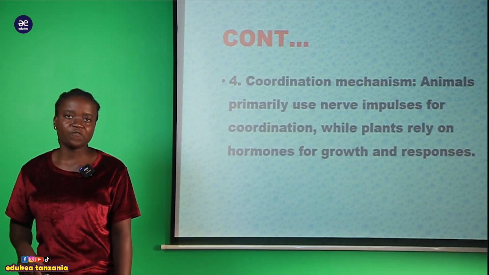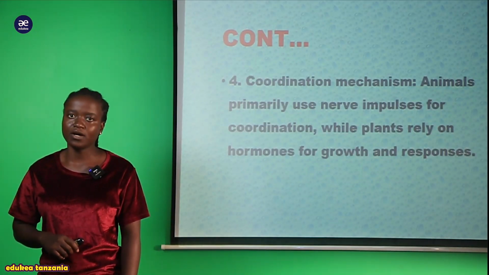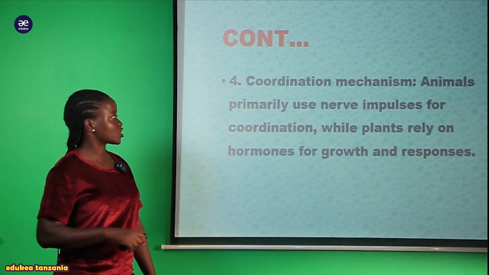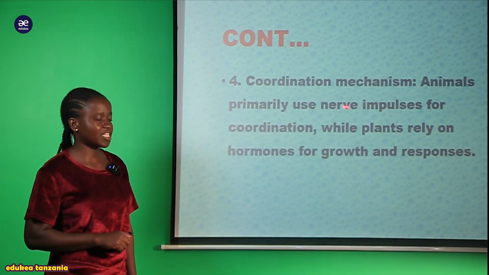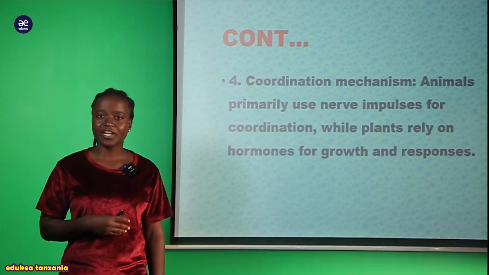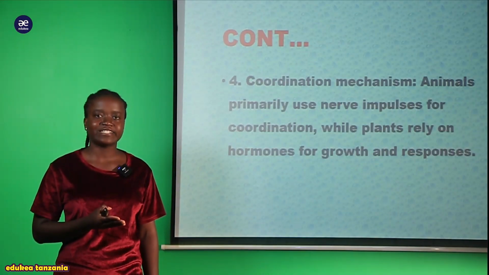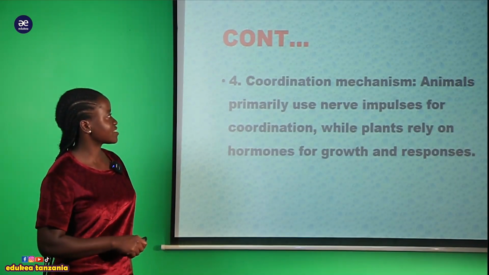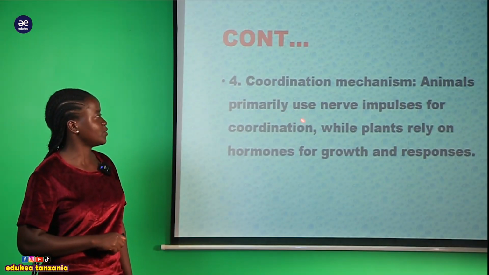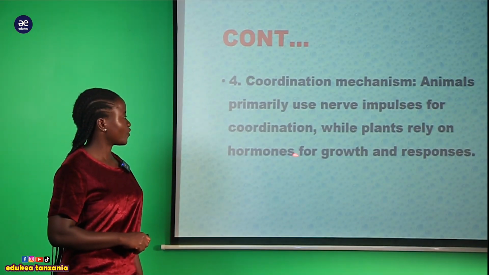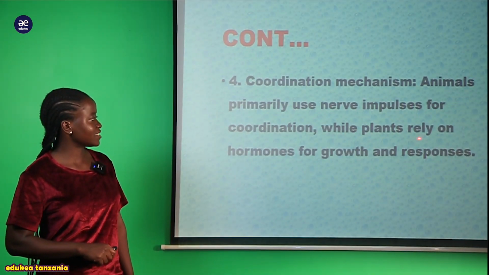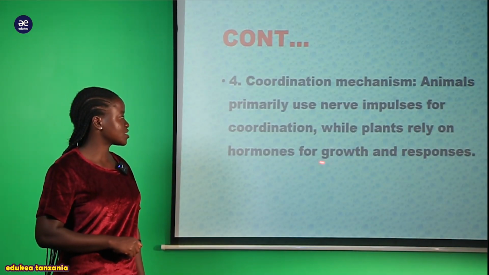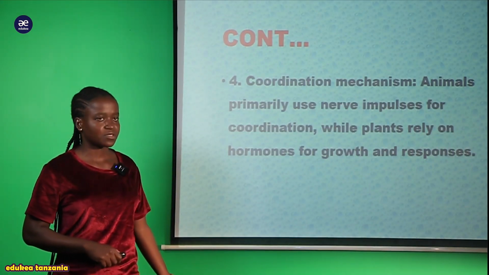And the last difference between the animal and the plant is the coordination mechanism. When it comes to the coordination mechanism in plants and in animals, they are also quite different. Animals primarily use nervous impulses for coordination, while plants rely on hormones of growth and response.